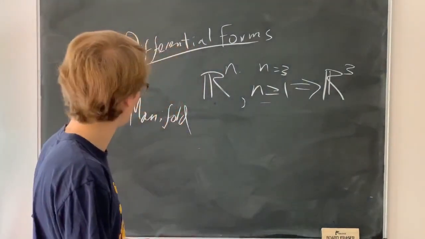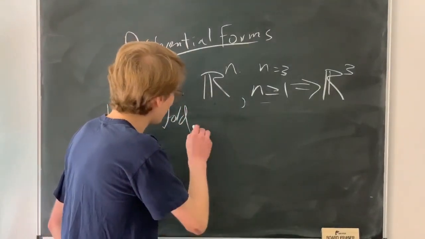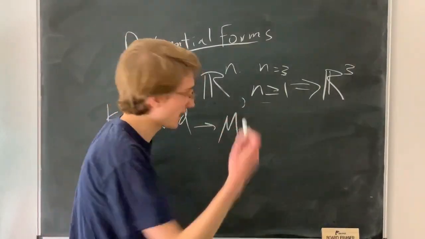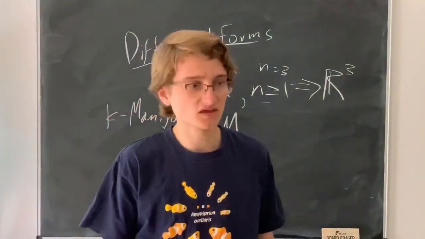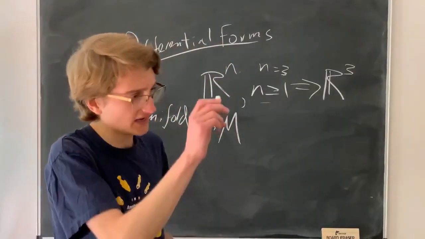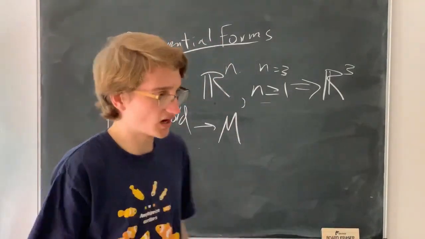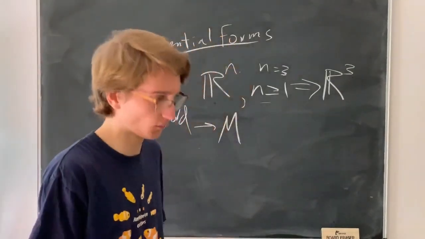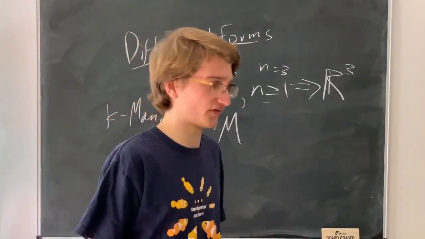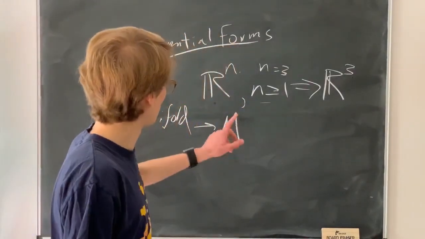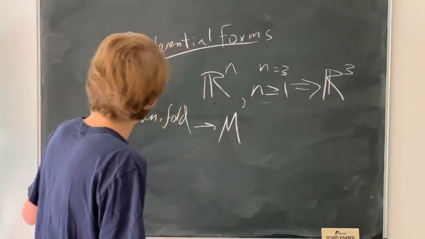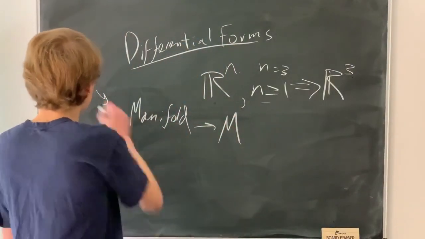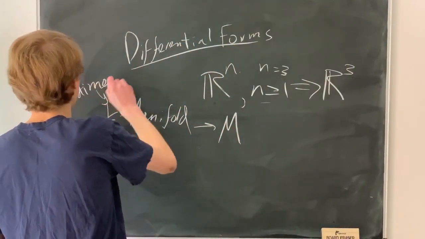Will be important. And I'll use the letter M for manifold. Technically it's uppercase omega, but M is easier to draw, and it's more straightforward because M for manifold makes sense. So M, and K, think about this in terms of the number of dimensions.